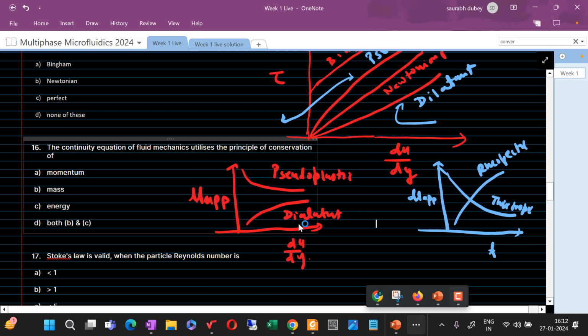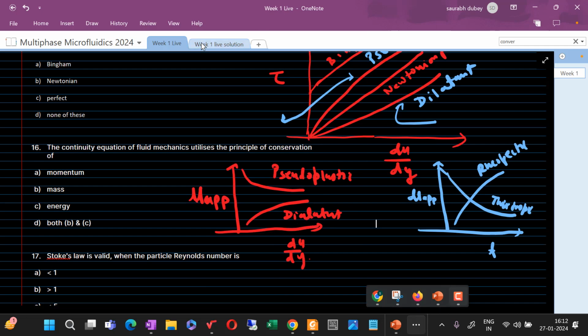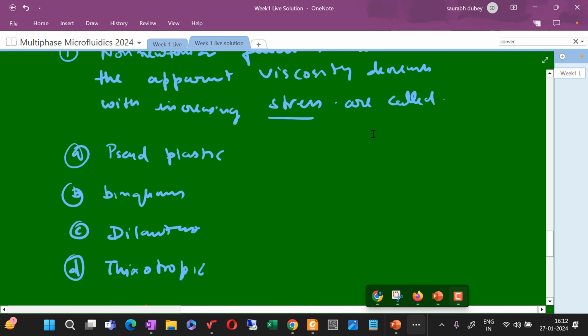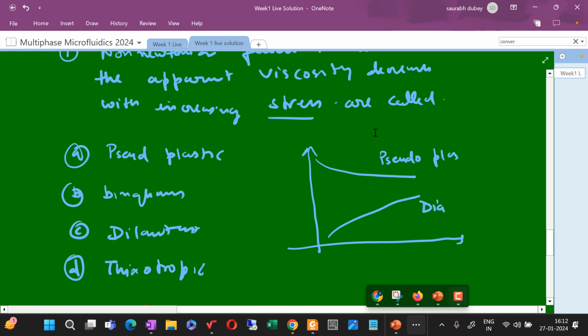So this pseudoplastic and dilatant, this was the question. This was pseudoplastic, and this is dilatant. This is du by dy, this is mu apparent.